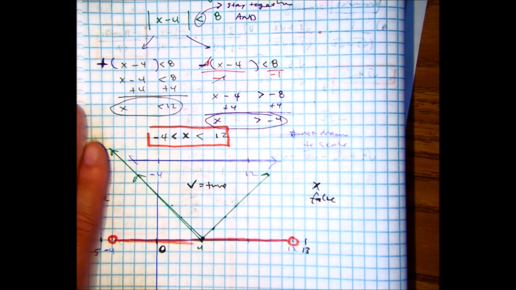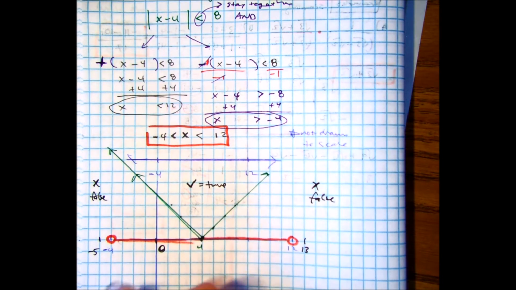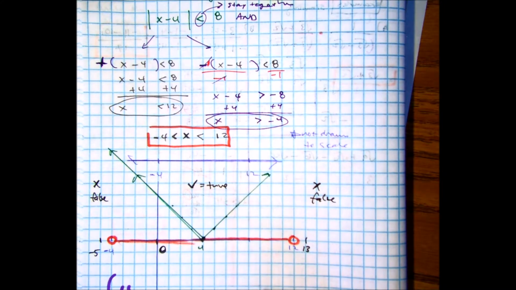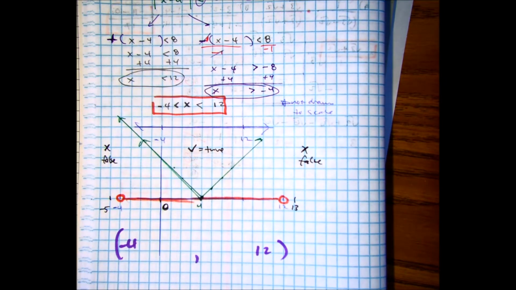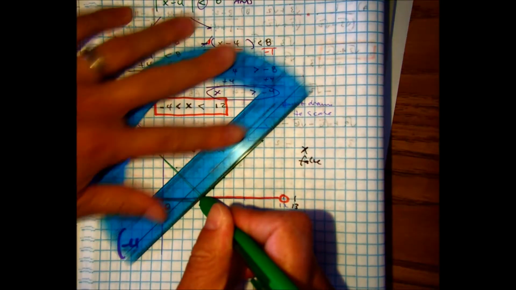Okay, so if I wanted to use interval notation, I could. It's kind of weird, but I'm going to do it from really way over here to kind of show you. -4, 12. Okay, look at the visual now. I didn't really make my graph big enough. Let's really exaggerate it now.